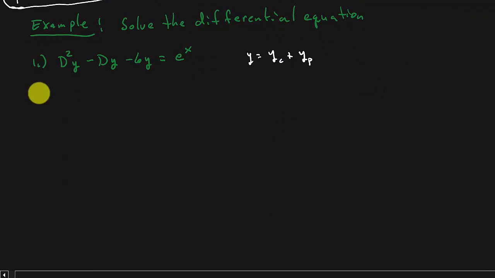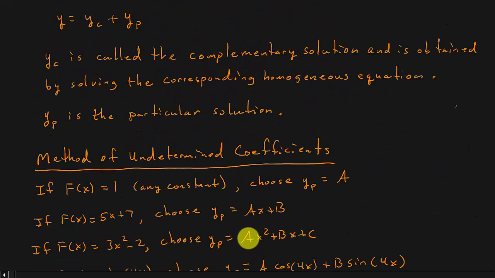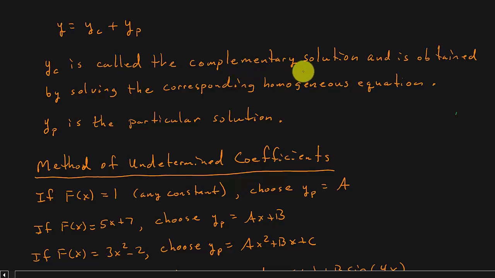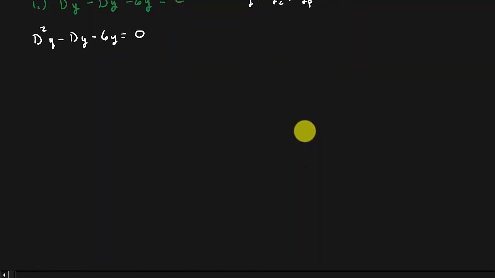So y sub c is solving the homogeneous equation. Remember, y sub c is called the complementary solution and is obtained by solving the corresponding homogeneous equation. So we set it equal to 0 and solve. Like I said, this is what we did in the last couple of videos. So that's m squared minus m minus 6 equals 0.